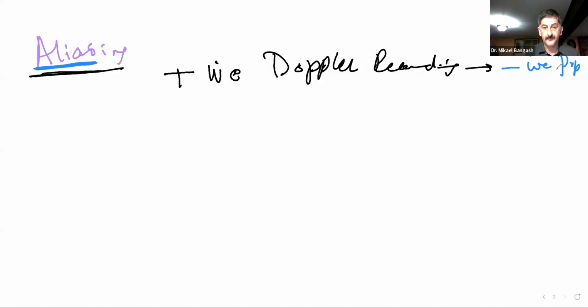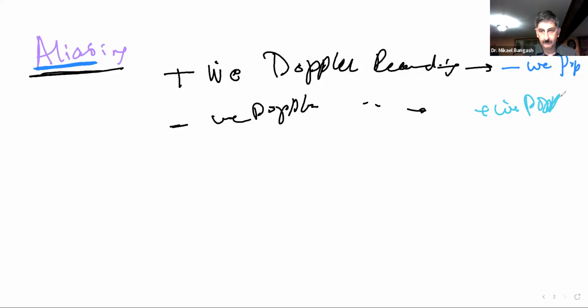And vice versa, a negative Doppler shift is going to be shown as a positive Doppler shift.